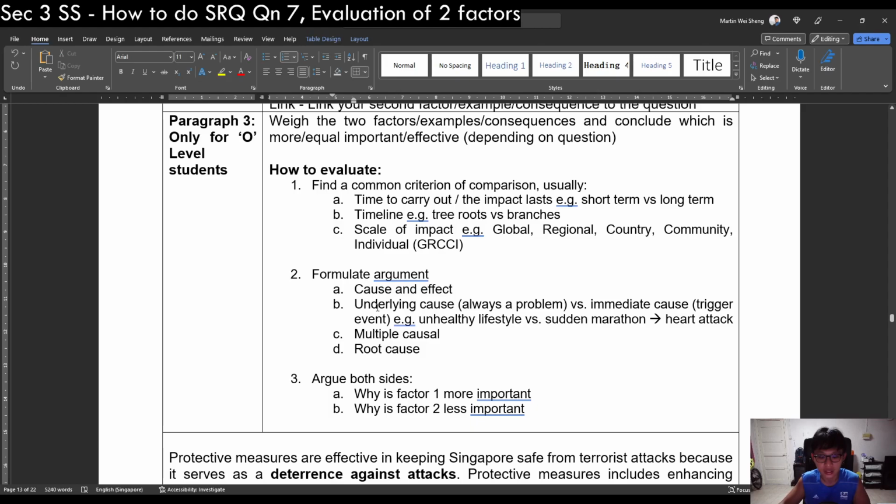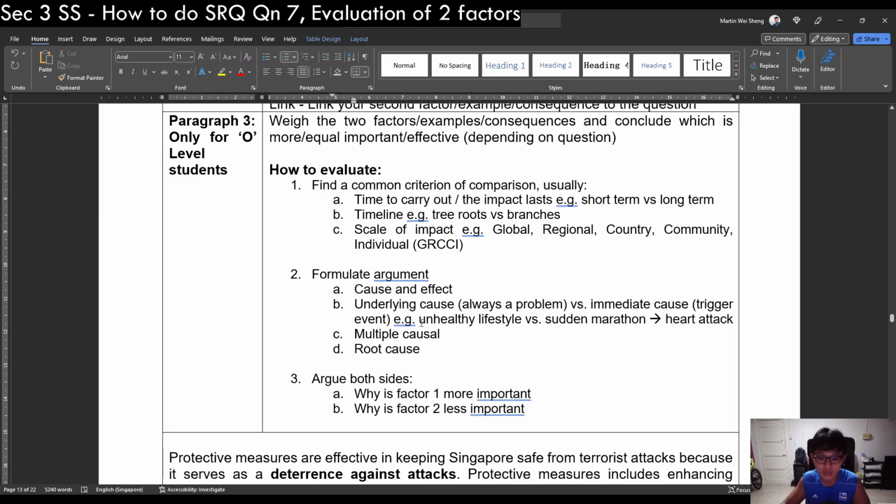Another way is quite similar. It will be the underlying cause versus the immediate cause. The underlying cause is something that is always a problem, while the immediate cause would be the trigger event. A very simple example is that let's say someone suffers a heart attack and collapses. What is the underlying cause?